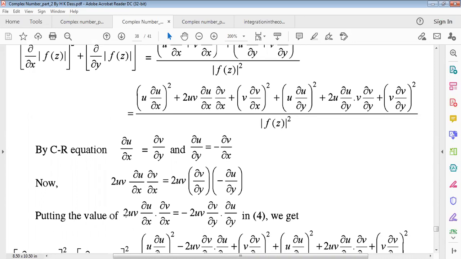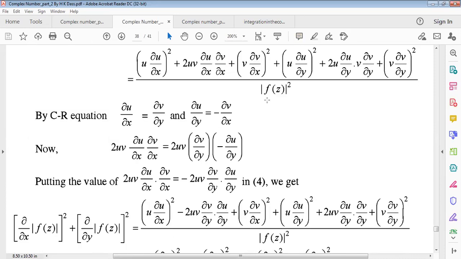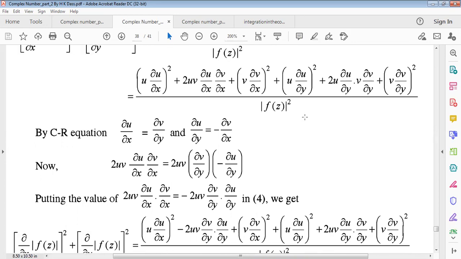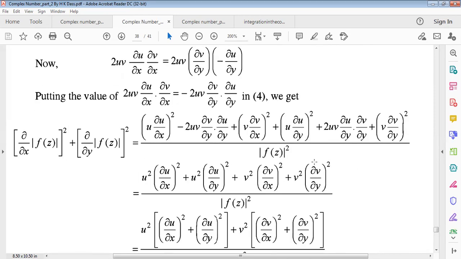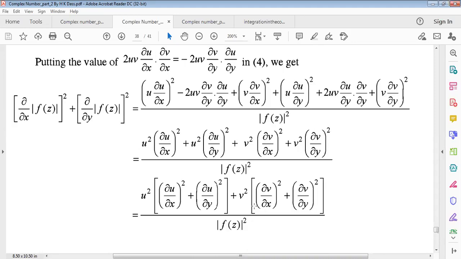So putting the values of 2ub del u del x and del b del x into equation 4, this is the actual equation 4. We get the values, this and this will be the same, cancelled. Similarly this cancelled, and this whole square equals twice this, making u square common and b square common.